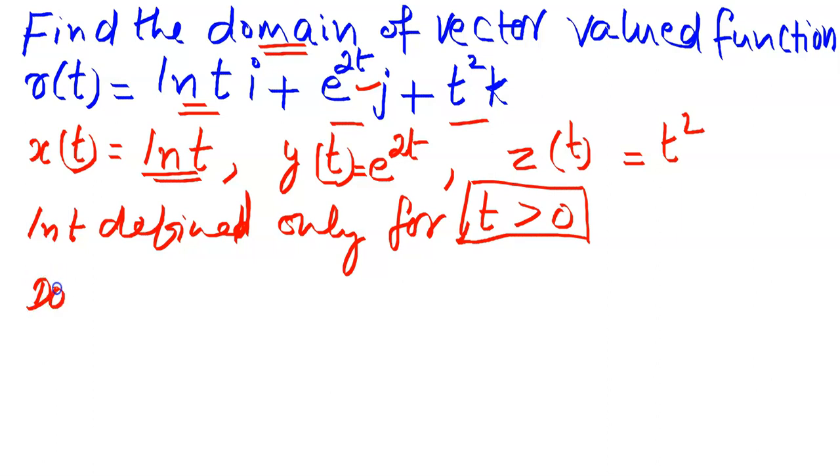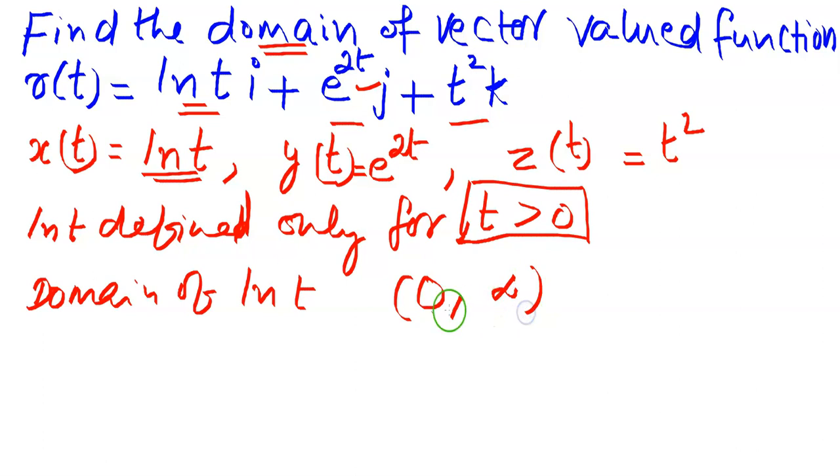Therefore, the domain of log t is 0 to infinity. It is an open bracket, you must use a parenthesis, do not use a square bracket. t is greater than 0, so 0 open bracket, 0 to infinity.